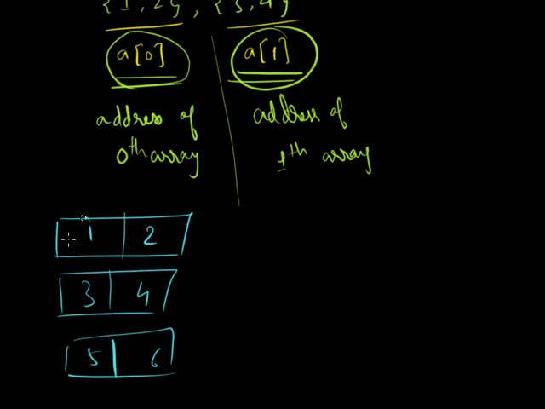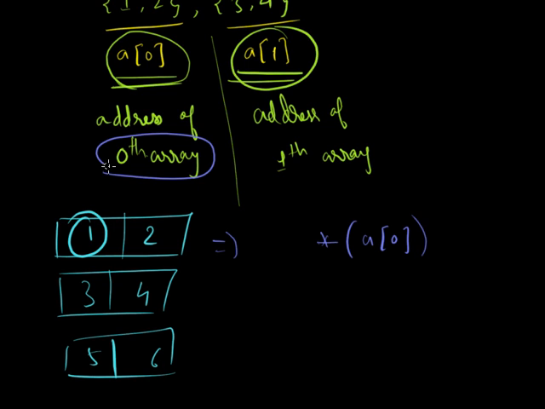So to access 1, what we'll have to do is star of A0, that is the value at the 0th array, the value of the base address of the 0th array. To access 3, we will have to do value at A1.